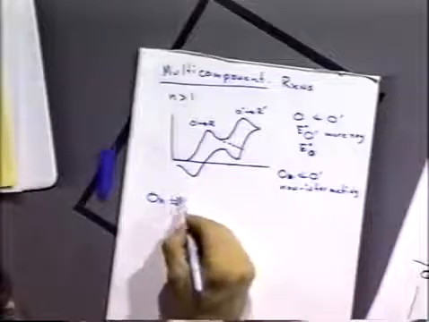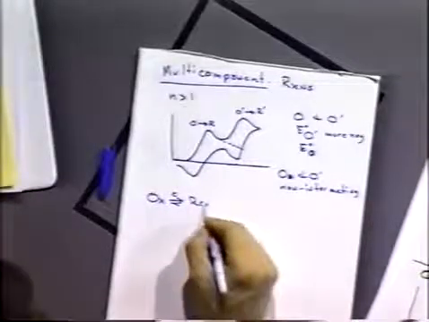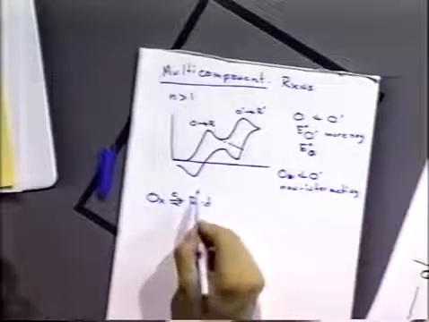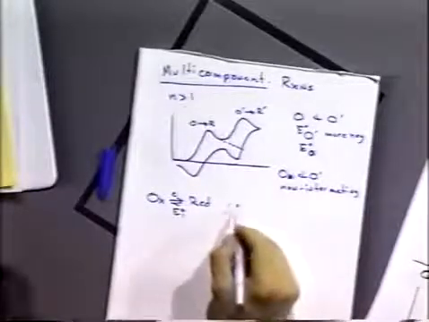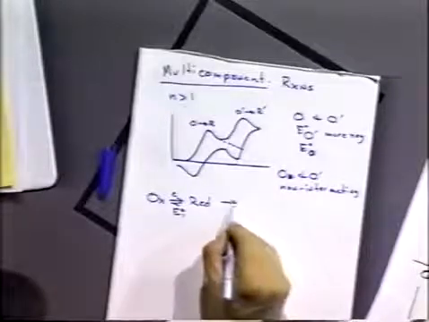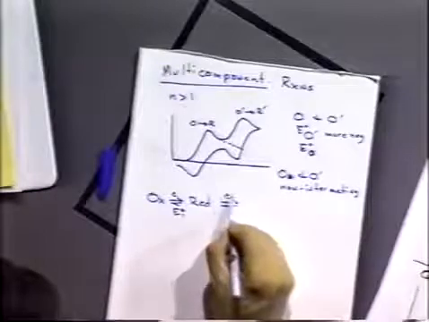However, the other more interesting case is where we have a situation like this. We have ox to red at some E0, and then red can be additionally reduced.